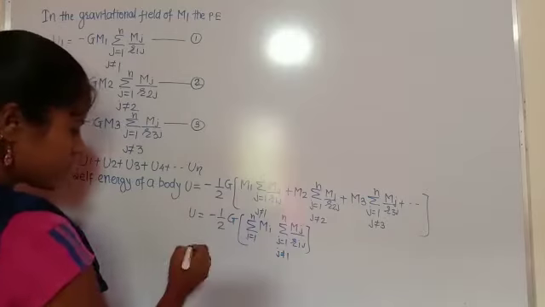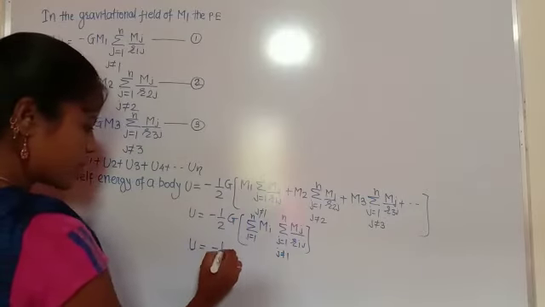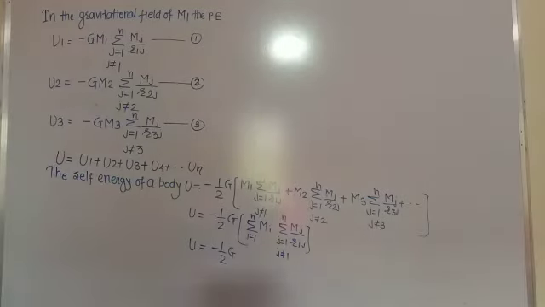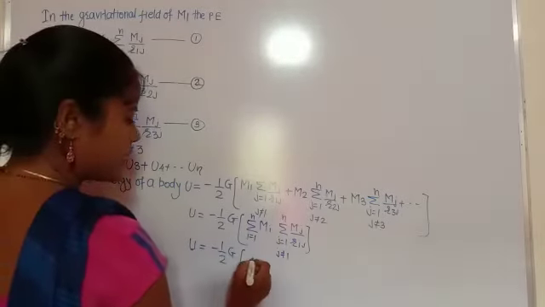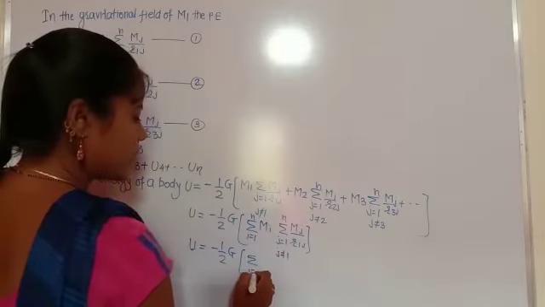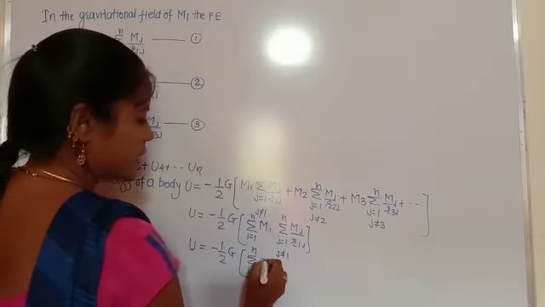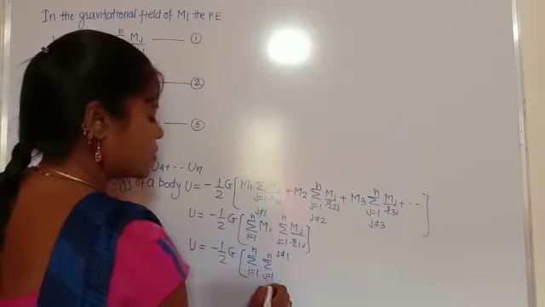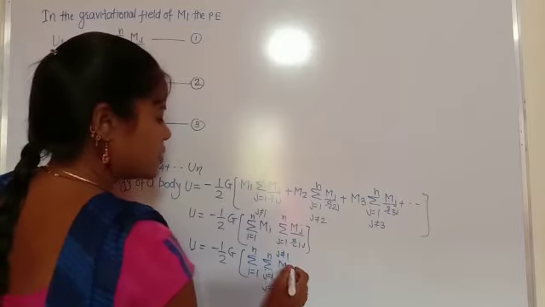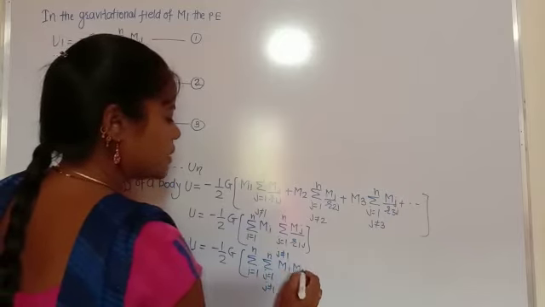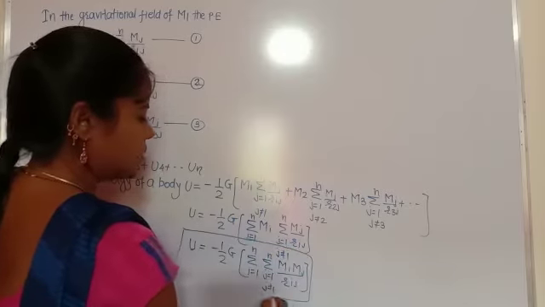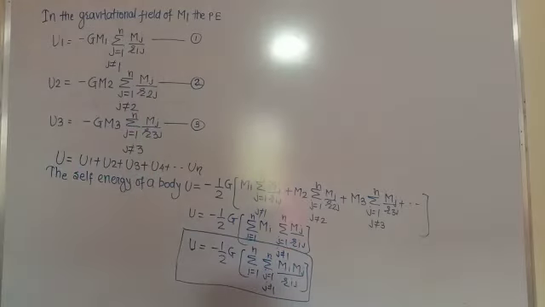Therefore, if we calculate in the mixed form, U is equal to minus 1 by 2 G, summation i equals 1 to n and summation j equals 1 to n, where j is not equal to 1, and in the summation part mi mj divided by rij. So this is the formula for the gravitational self energy of a body.